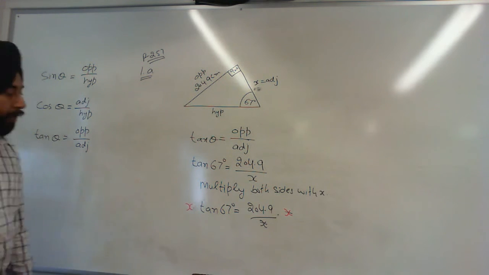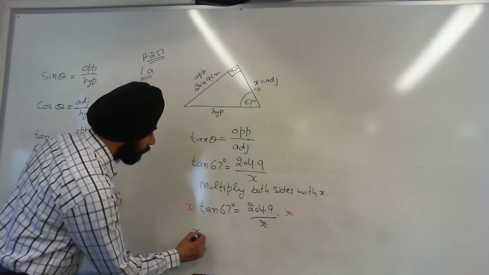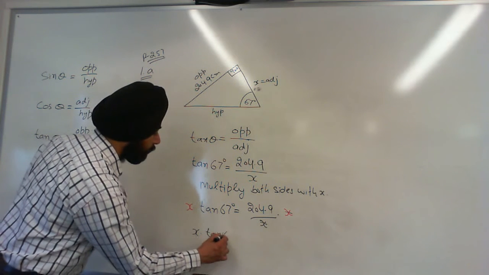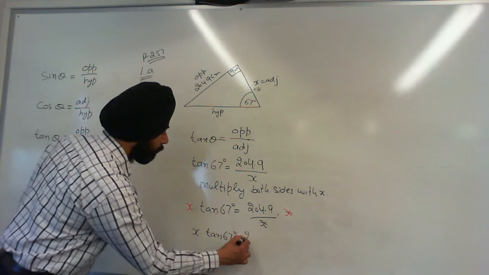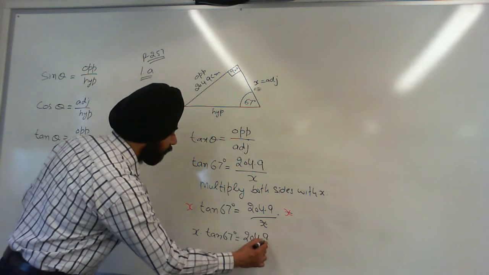And then it leaves you with x times tan 67 degrees is equal to 204.9.